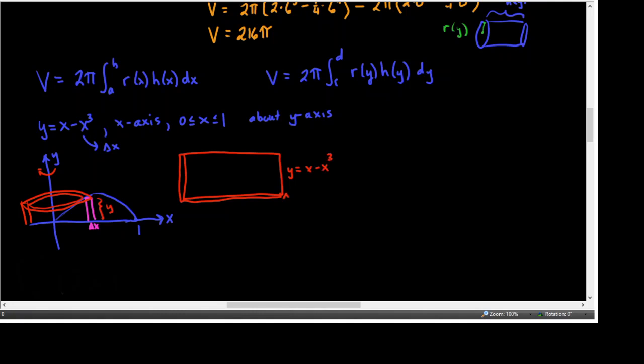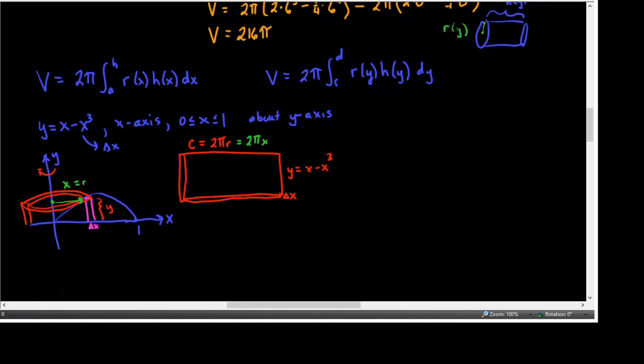The thickness will be delta x, and the length of my rectangular prism is the circumference, 2 pi r. So I need to determine how big r is. It's the distance from the center, the axis of revolution, to the rectangle. That's a measure of x, so r is x, and so this is 2 pi x.